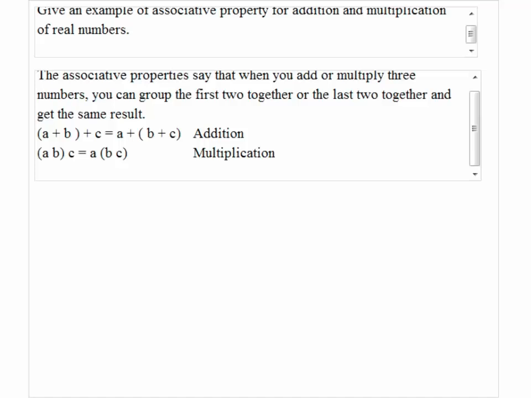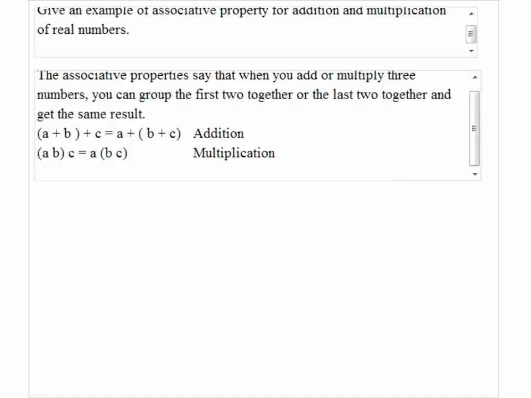So for addition, if I have A plus B plus C, I can group A, B first and add these two together and then add the result to the last term, or group the last two terms together and add the result to the first term. And for multiplication, we can do exactly the same and we get the same result.